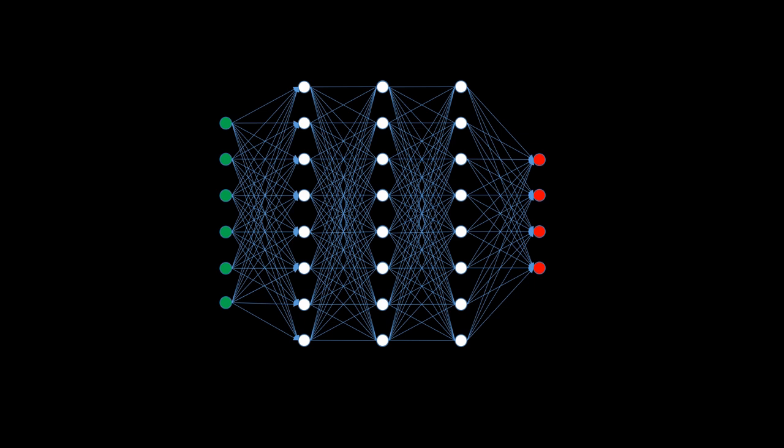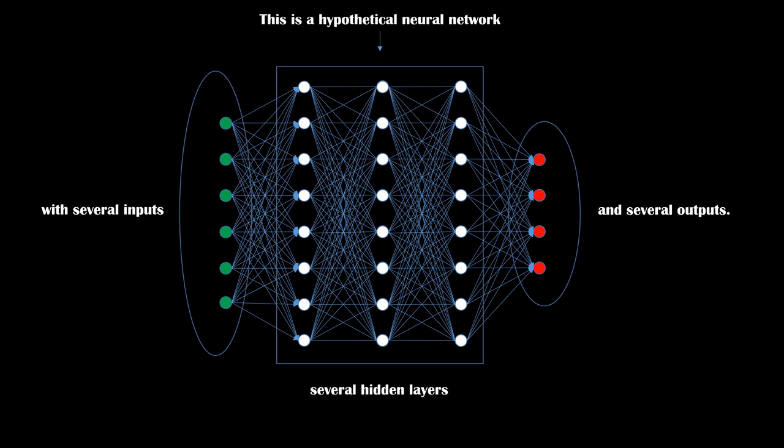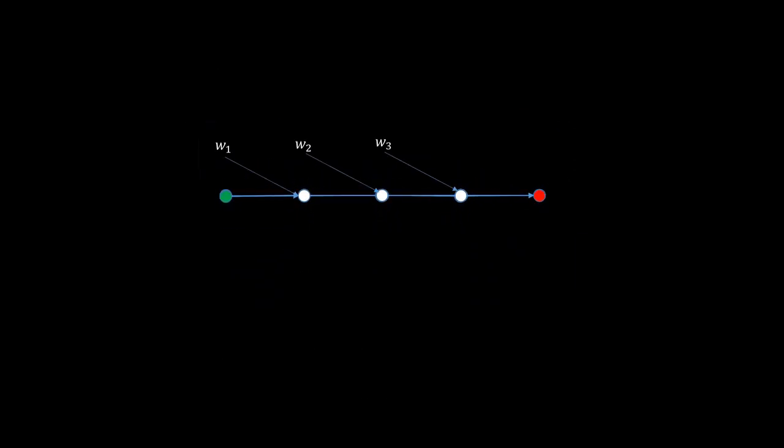For example, this is a neural network. This neural network has several inputs, several hidden layers, and several outputs. Let's simplify the network.